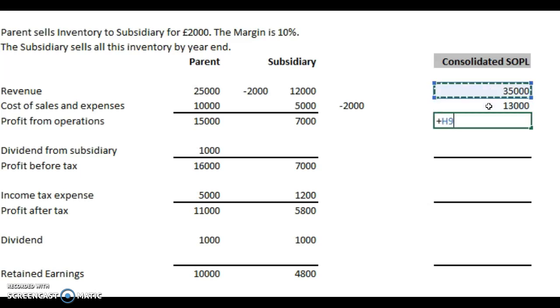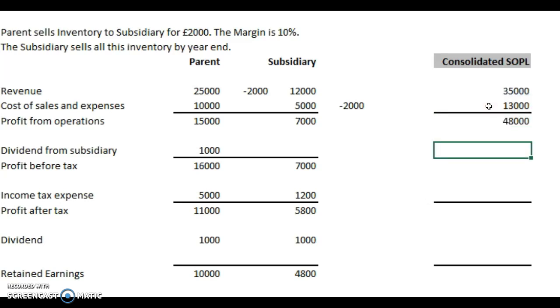And that's the difficult bit done. We can just do the profit as revenue minus cost, 48,000, and the rest is exactly the same as before. Dividend from the subsidiary, we know not to include that, so that's just 0, which means our profit before tax is the same as the profit from operations.